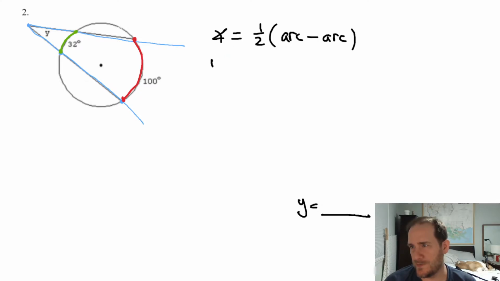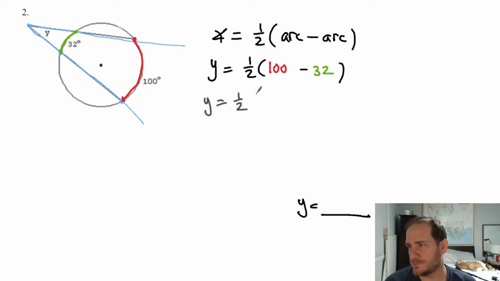So that means for us we're going to be finding y by doing 1/2 of the big arc, which is 100, minus the smaller arc, which is 32. So that's going to give us half of 68, which is 34. And that's it for number 2.